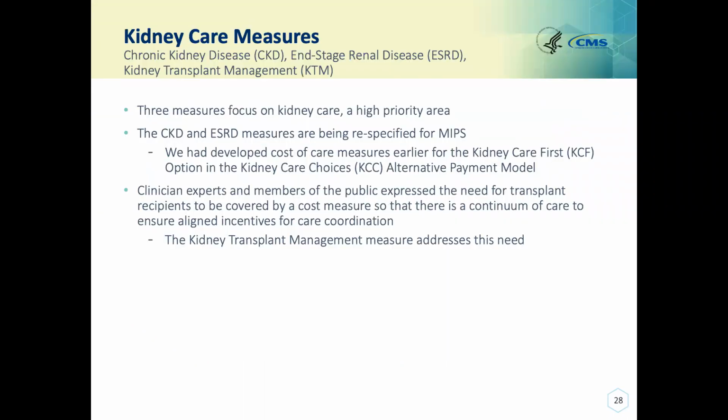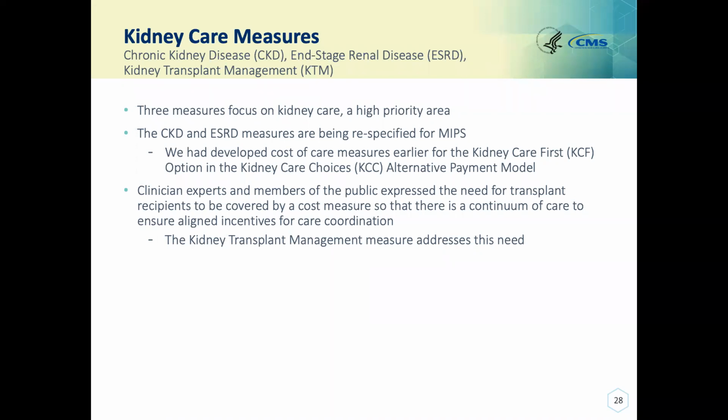So to start with the kidney care measures, there's the CKD, ESRD, and kidney transplant management, or KTM. All three measures aim to capture aspects of kidney care as a priority area because it's both costly and affects a large number of patients. As mentioned, the CKD and ESRD measures are being respecified for MIPS after their initial development for an APM.